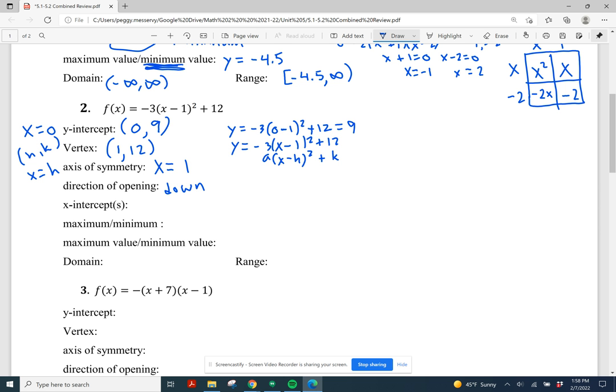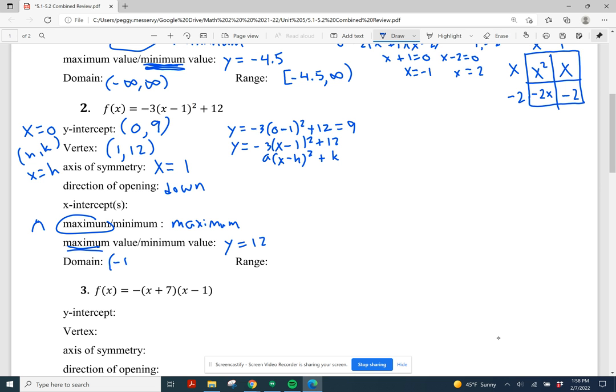All right, now before we do the x-intercepts, let me notice that since my parabola opens down, it will have a maximum point at the vertex, because it opens down. And that maximum value is going to be y equals 12.